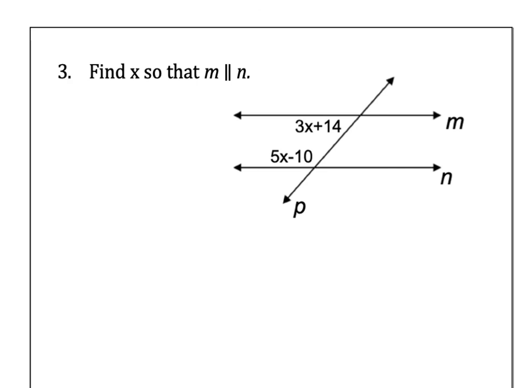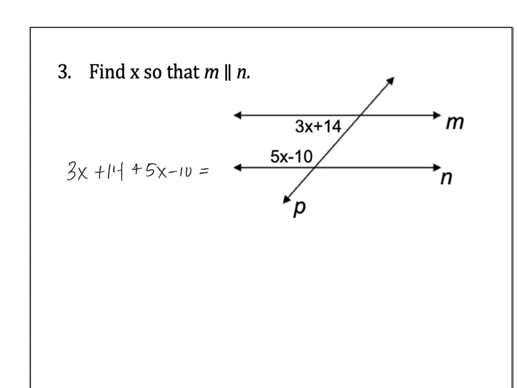Last one, number 3, find x so that m is parallel to n. Go ahead and pause the video and try to set up this equation. If we want those lines to be parallel, these two angles will have to add up to 180. They have to be supplementary.